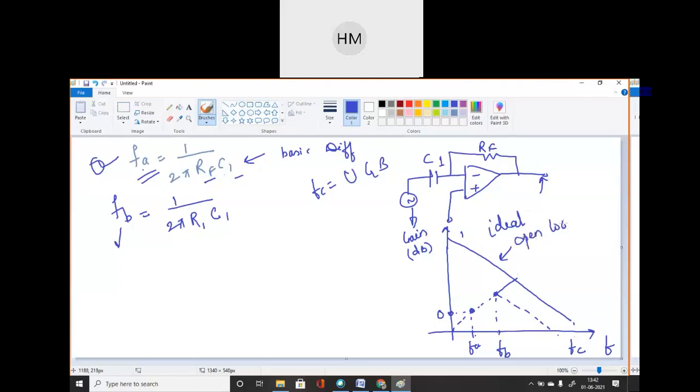Then this is for the closed loop circuit. And this is the exact circuit of, हाँ बताती हूँ बेटा FB क्या है. This is for the closed loop response of the basic differentiator.